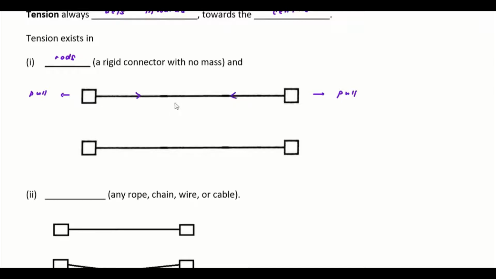Since this is a force moving inwards towards the center, this is called tension. That's the tension that occurs in the rod. It's the force pulling inwards.